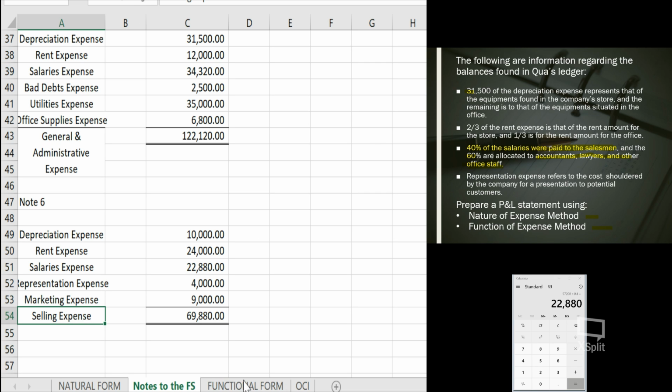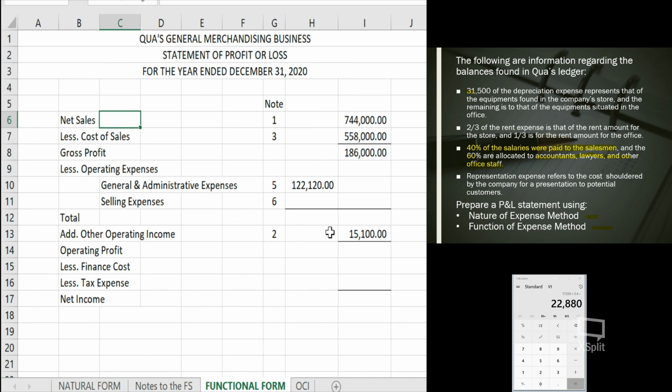So, yun ang ilalagay natin sa ating FS. 69,880. So, ang total ng operating expense natin is ito, 192,000.